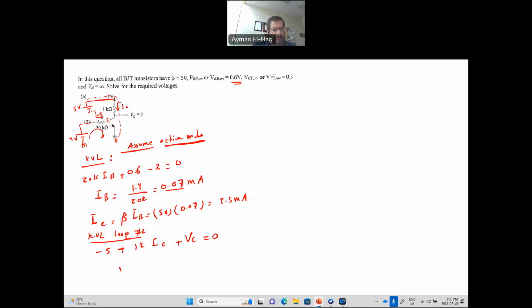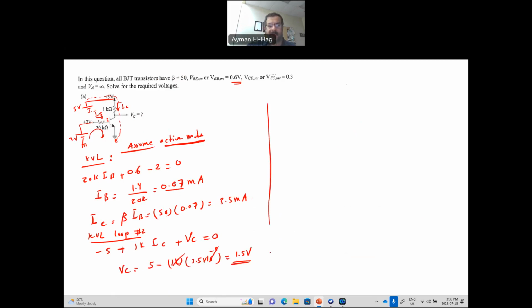So your VC will be equal to 5 minus 1K times 3.5 times 10 to the minus 3. You have to make sure that the currents are in amps. So this will cancel, and this will give me 1.5 volt.